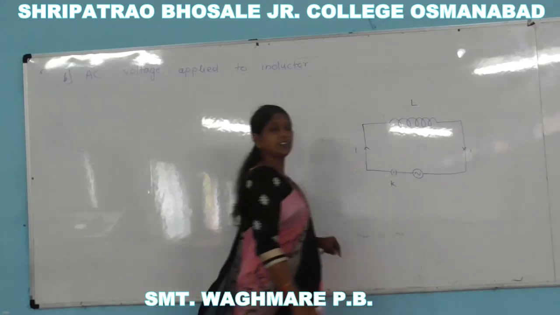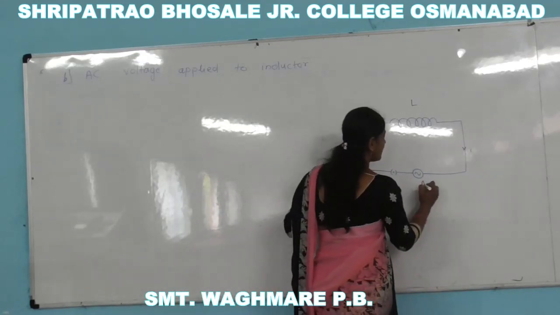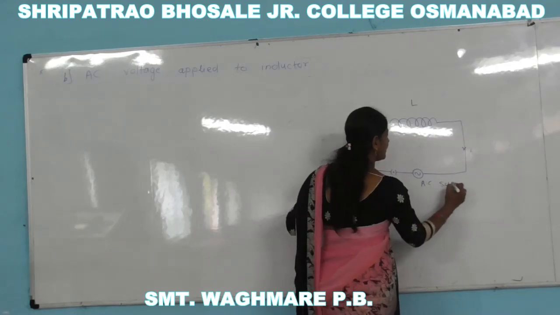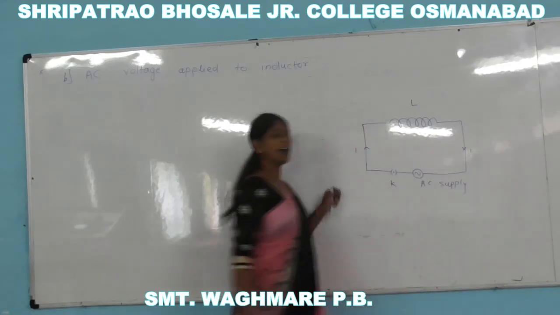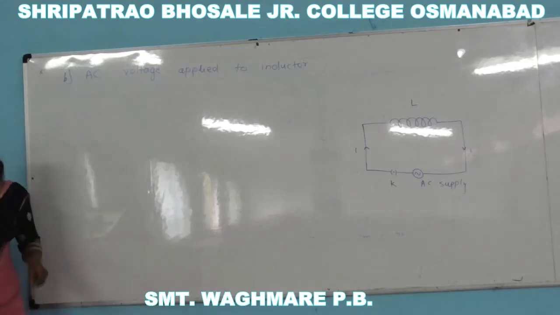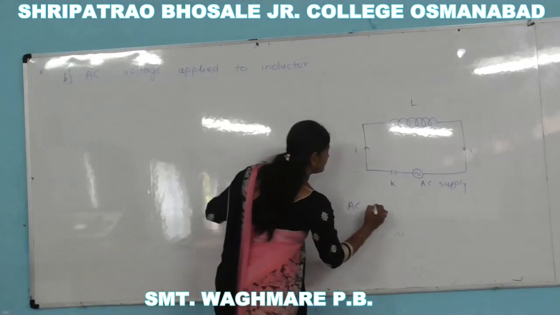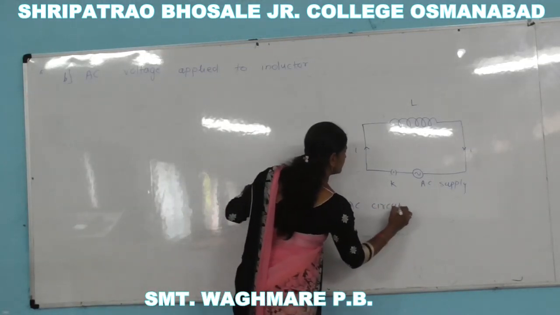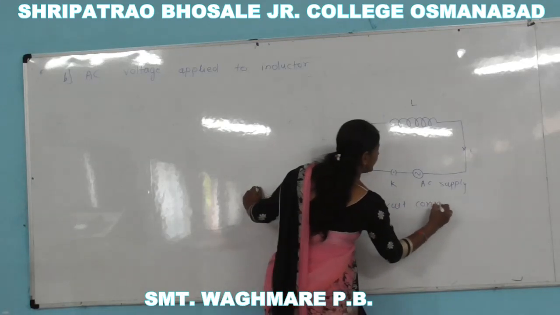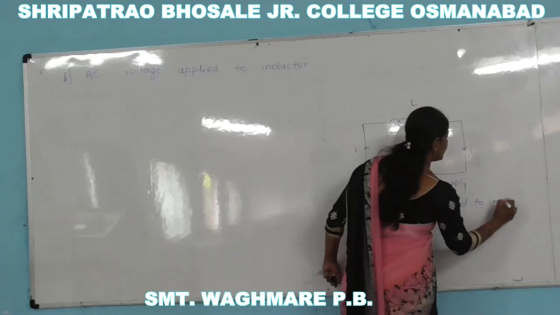Here L is the inductance of this coil. This is the AC supply, and this is the symbol of the AC supply. Now we can say that this is the AC circuit connected to an inductor.